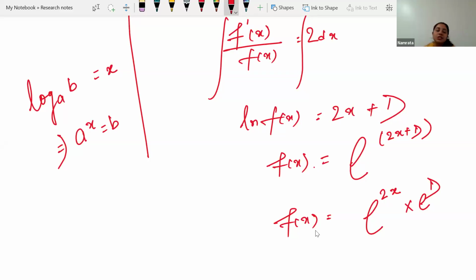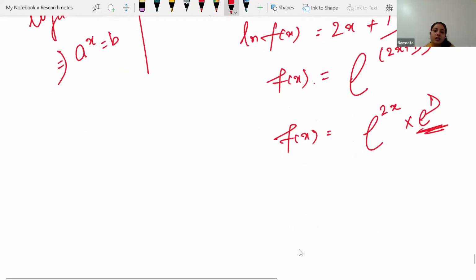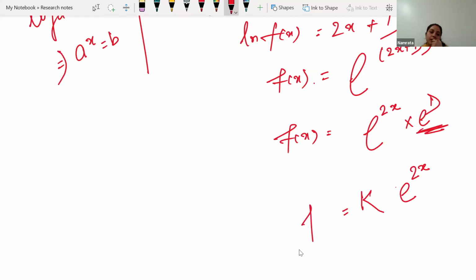So if we have e to the power m plus n, we can write e to the power m into e to the power n. This e to the power d is what? It's just a constant, it will be a number. So instead of this constant e to the power d, I'm using one constant k, so k e to the power 2x is equal to f of x.